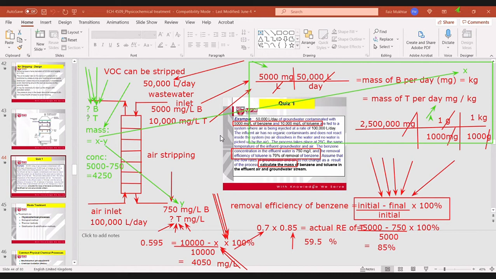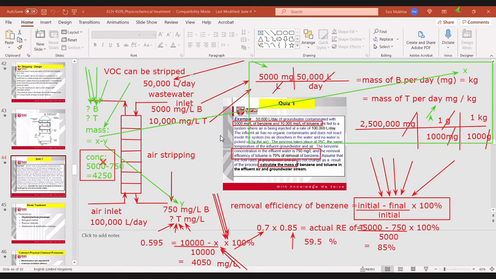Now, calculation of that, you calculate percent flow rate. Okay, have a look at the volumetric flow rate of air and have a look at the volumetric flow rate of wastewater.